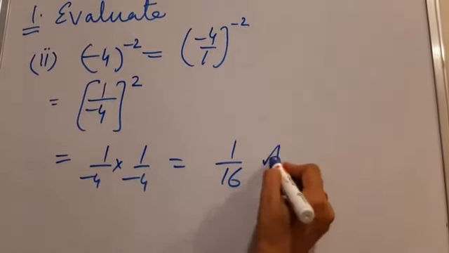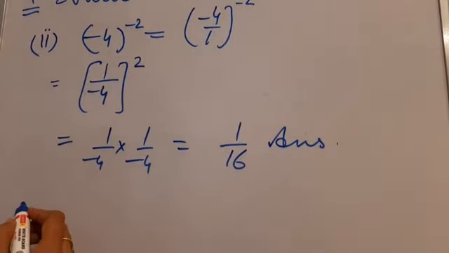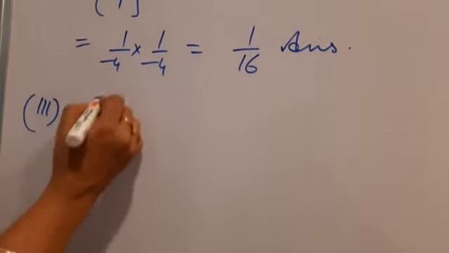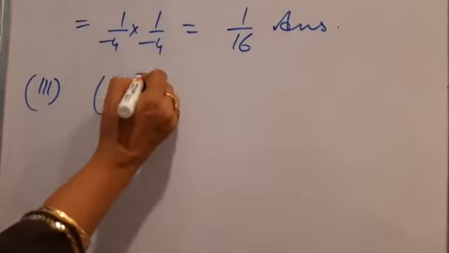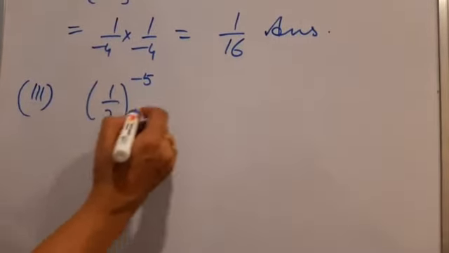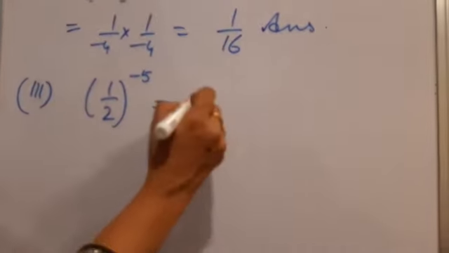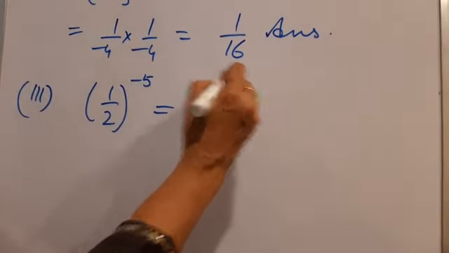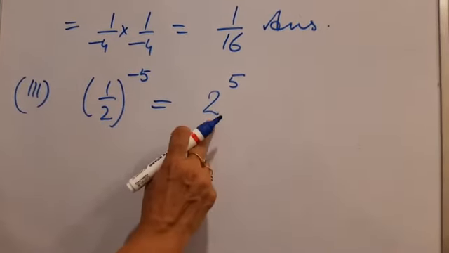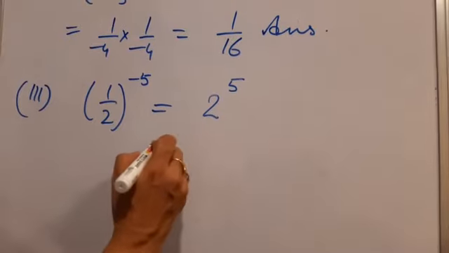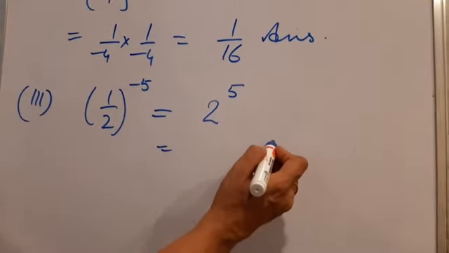So 1 by 16 is the result. Come to the third part. 1 by 2 raised to power minus 5. To make it positive, it will become 2 raised to power 5, the reciprocal, and when you solve it, you will get the result.